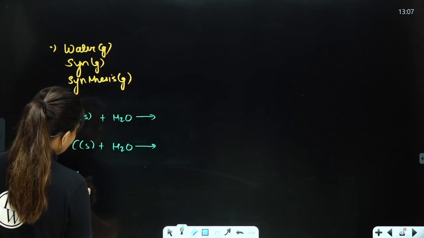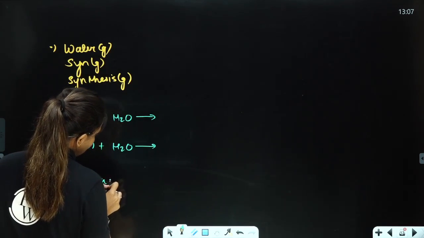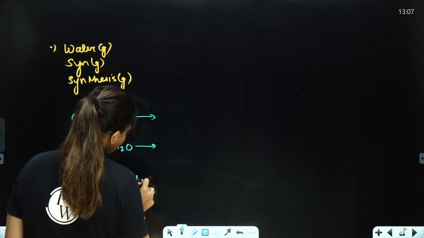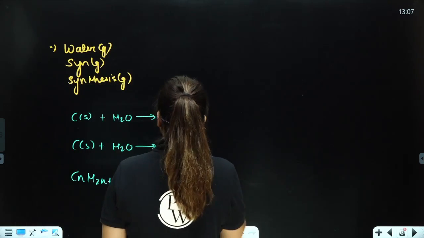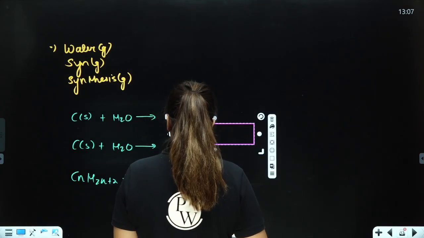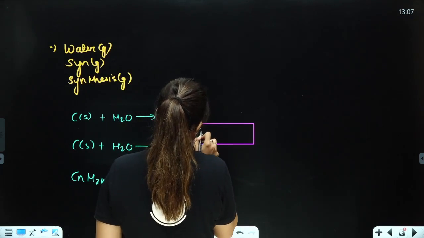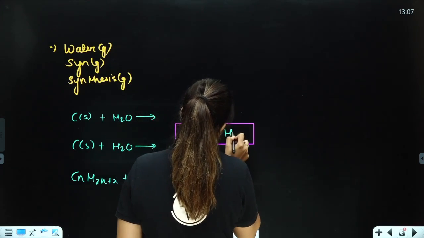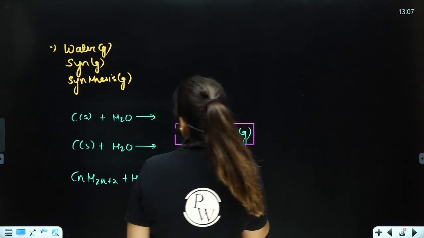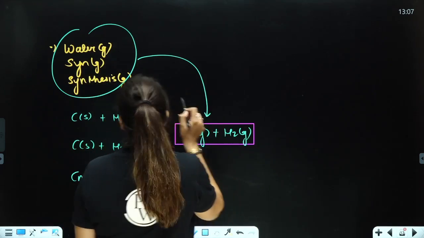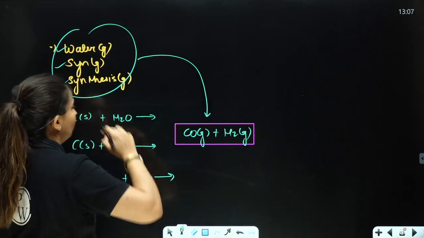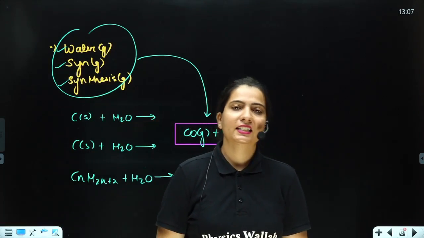We have a hydrocarbon that reacts with water. In all these three, we get a product over here, which is CO gas plus H2 gas. This mixture is having these three names: water gas, syn gas, or synthesis gas.